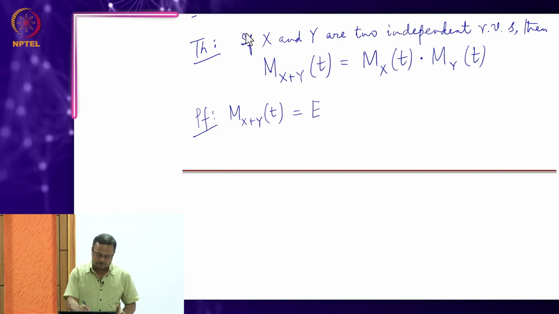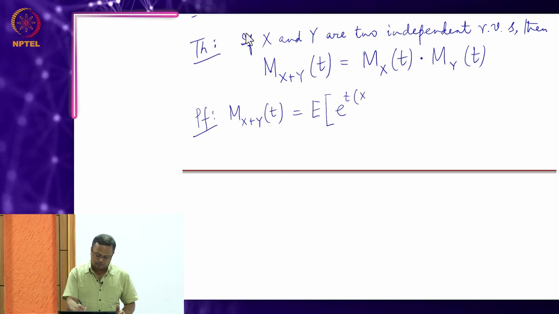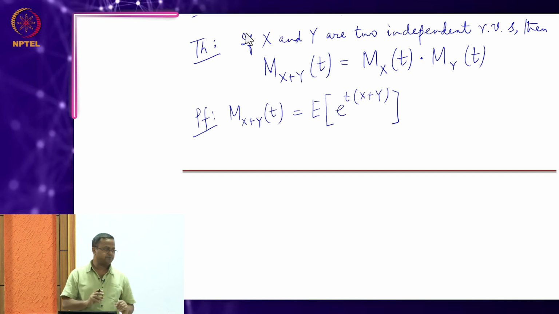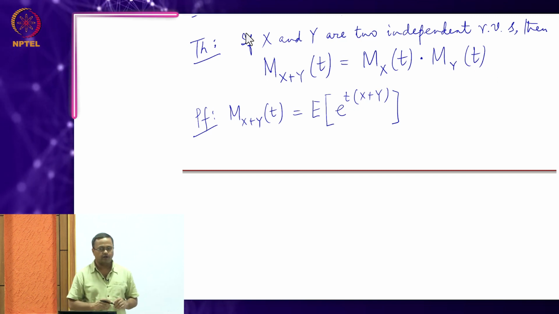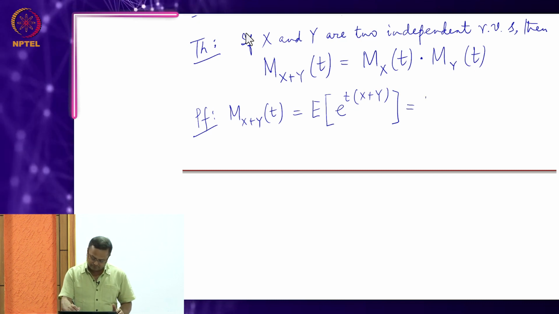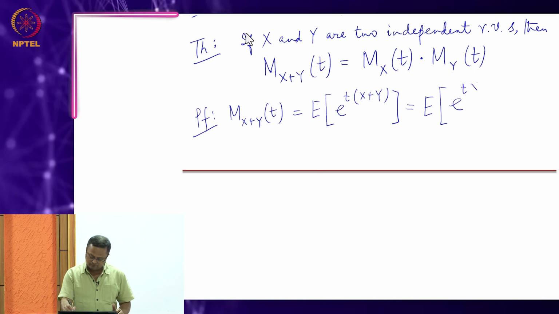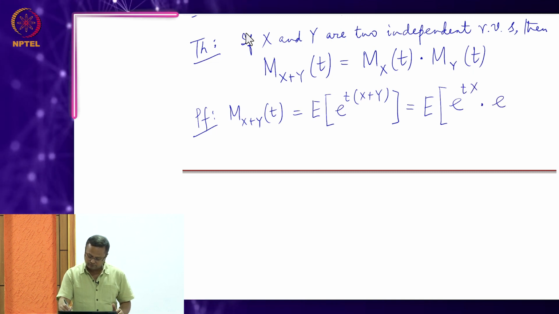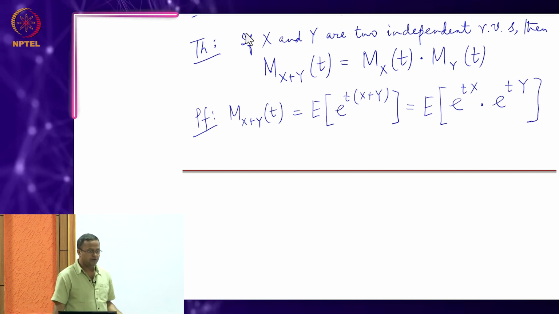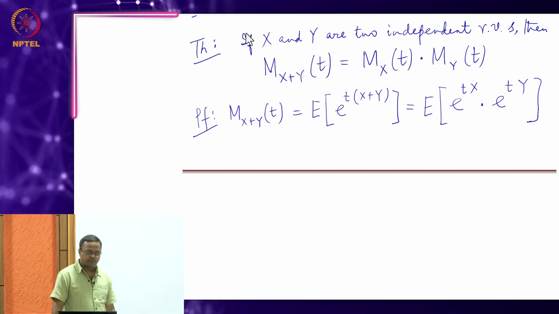So, this is the expectation of e to the power of t times, so this is by definition. Done? Just expanding it.